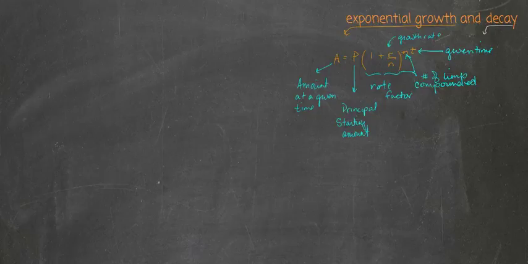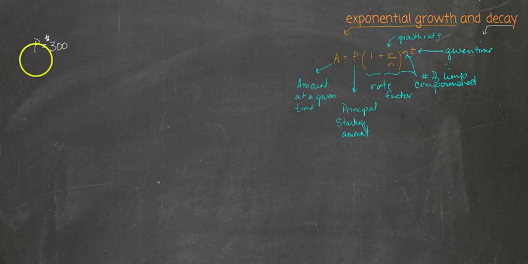But let's do a problem. So Christy invests $300 in an account with 6% interest. So her principal, her initial investment, is $300, and her interest rate, r, equals 6%, and we want to work in a decimal for percent, so 0.06.